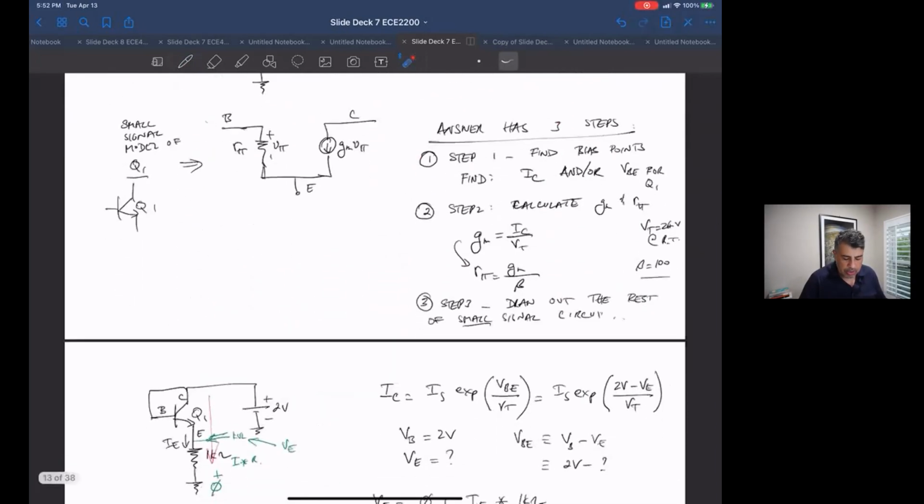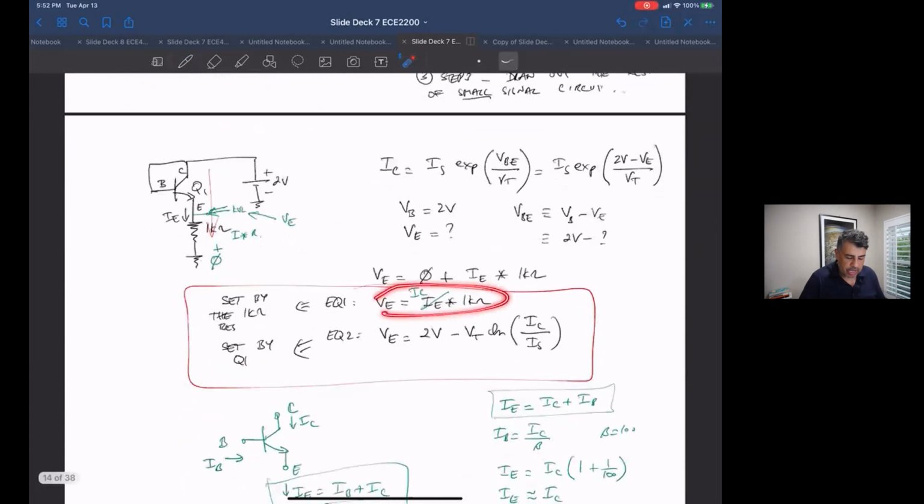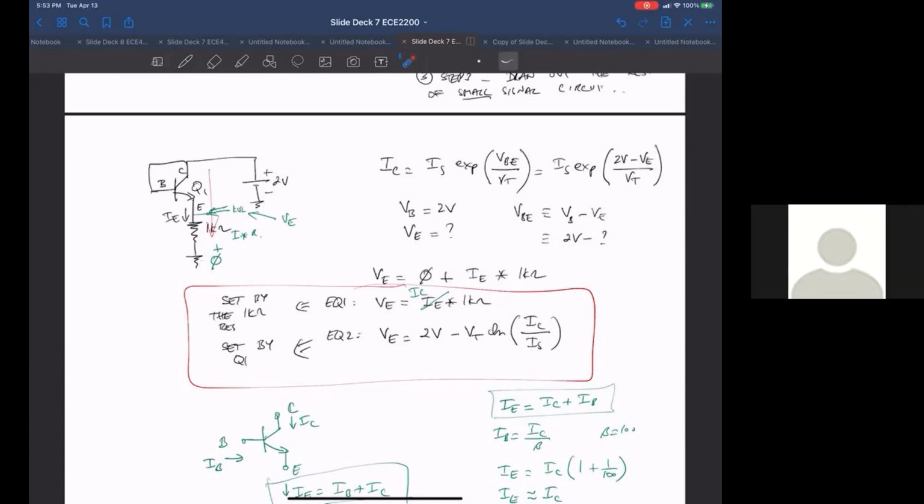So there's a 1% variation floating around anyway in a real design. But we could have easily done 1.01 I sub C. So you're right, but I was just being lazy and saying it's approximately. You'll see that a lot when people say the emitter current is approximately the collector current, just to make life easy. Okay. Yeah.